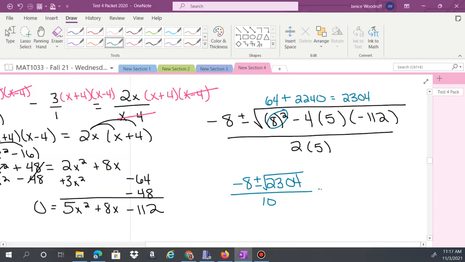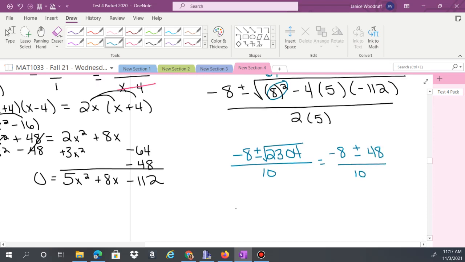So then this becomes negative 8 plus or minus 48 over 10, which means I can break this into two problems. Negative 8 plus 48 over 10, negative 8 minus 48 over 10. So negative 8 plus 48 is going to give us 40 over 10, which will give us 4.